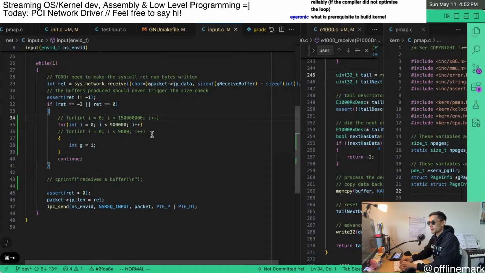So I have my loop back. It's kind of large. The purpose of this loop is to slow down the process that's asking for data and basically spamming the driver. We have this user space program that's just going in a loop, doing a system call that asks for data from the driver super often.